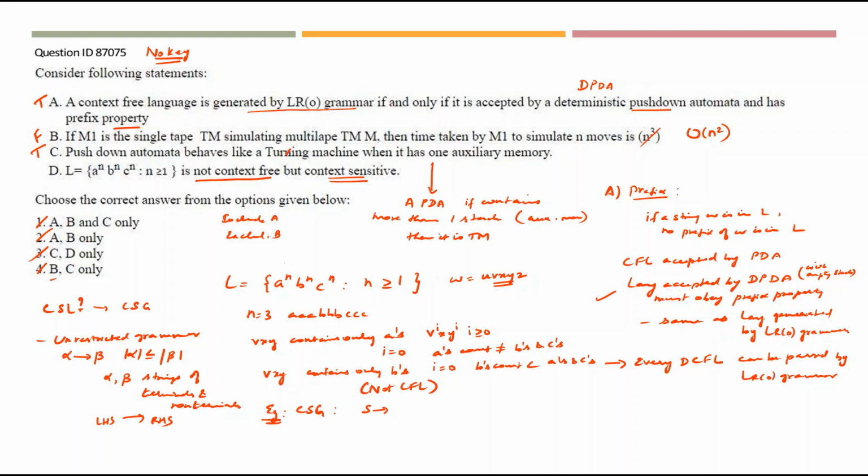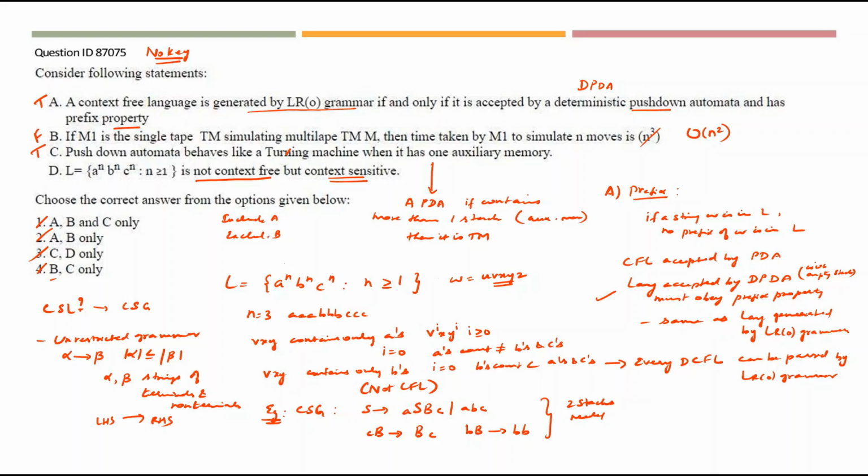S derives ASBC or ABC. Then we have CB derives BC. Then we have bB derives bb. Two stacks will be needed for this grammar.